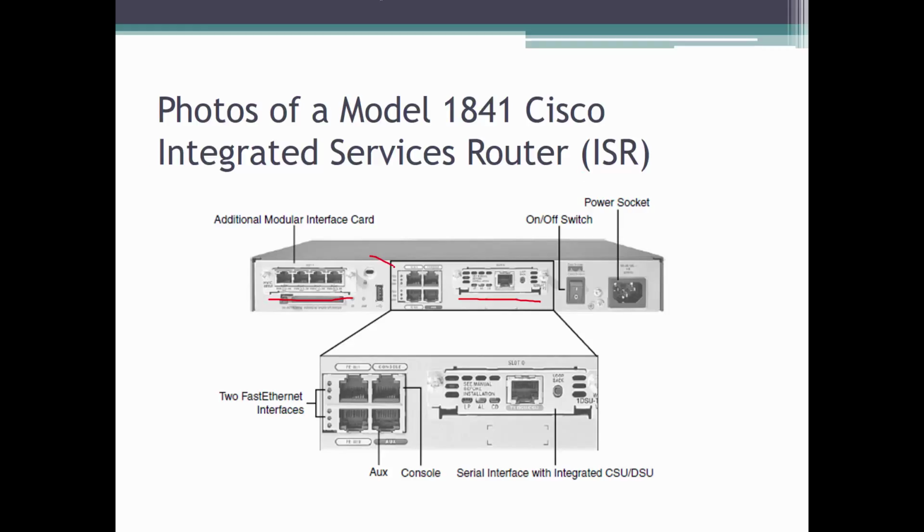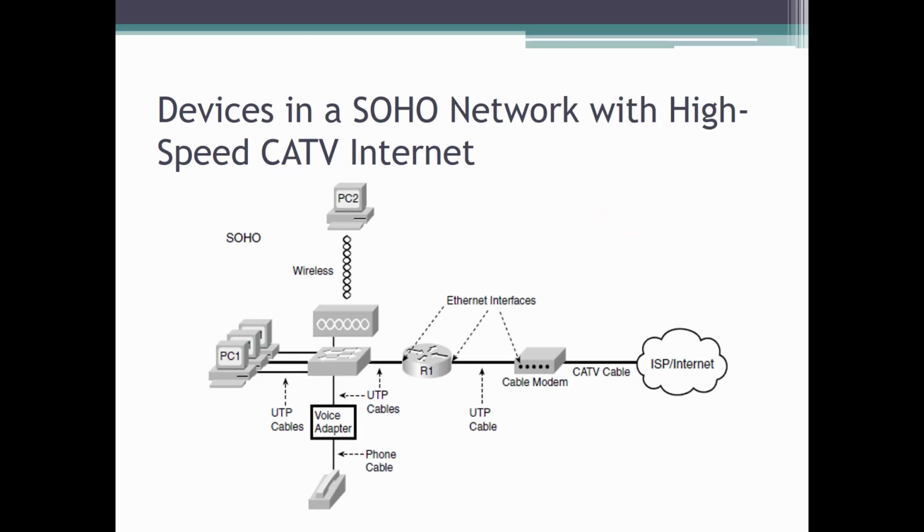Here we have FastEthernet 1, FastEthernet 0, a console, and an auxiliary port. These are Fast Ethernet. On the 1941s, they're Gigabit. We have a power switch. It's pretty self-explanatory.